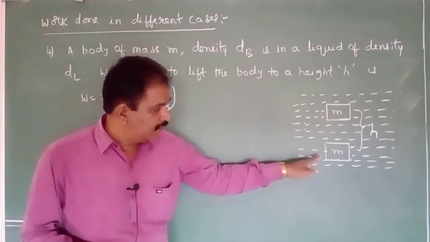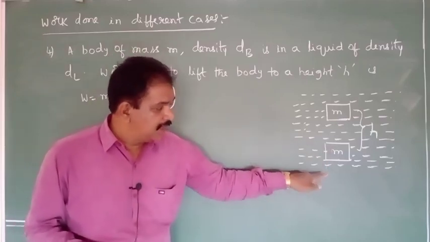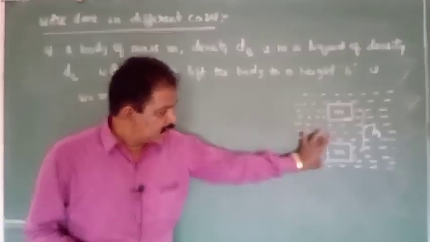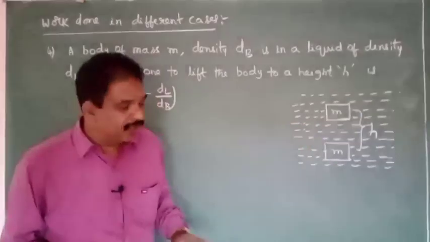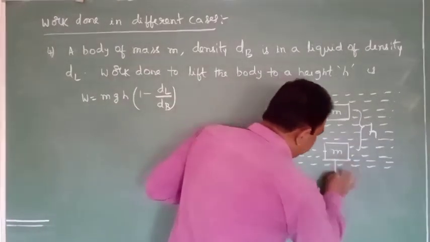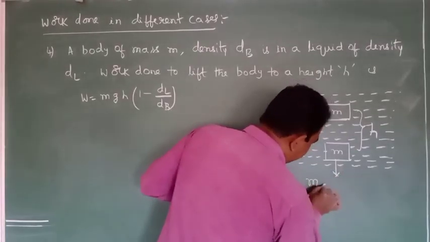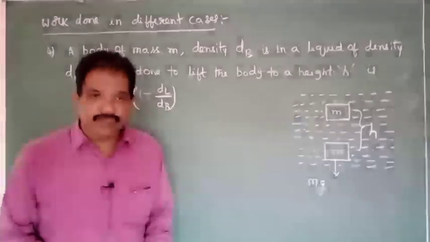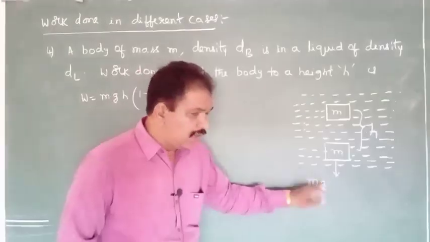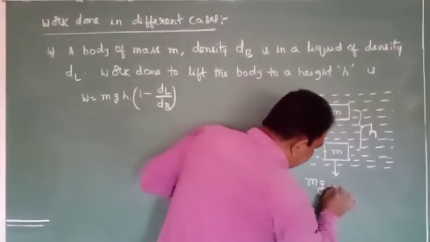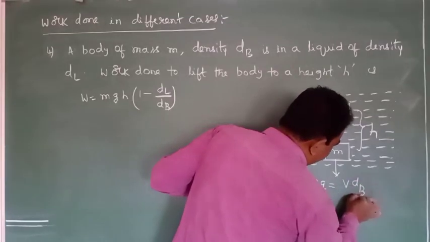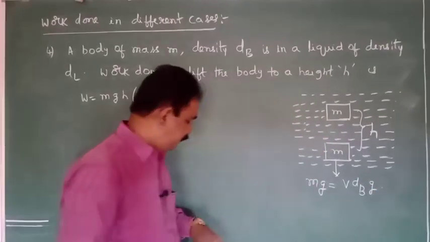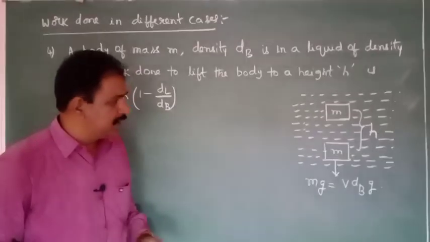In the same way, when the body is in the liquid, what are the forces acting on the body? One force will be the weight of the body. Downward force, weight is equal to mg. Mass I am writing as volume into density, V dB into g.